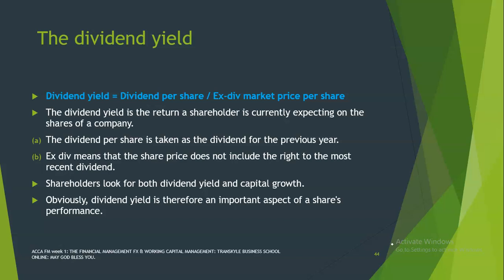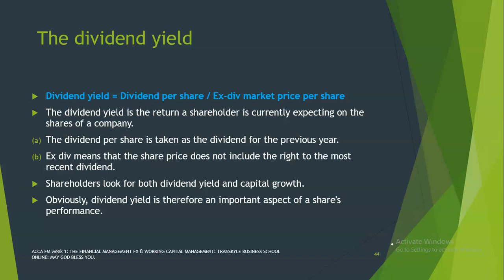Let's talk of the dividend yield. Dividend yield is equal to dividend per share divided by ex-div market price per share. Okay, ex-div, we say that this is the after dividend market price per share. The dividend yield is the return a shareholder is currently expecting on the shares of a company.